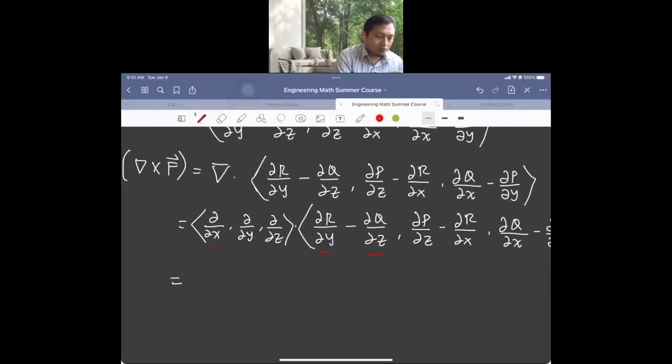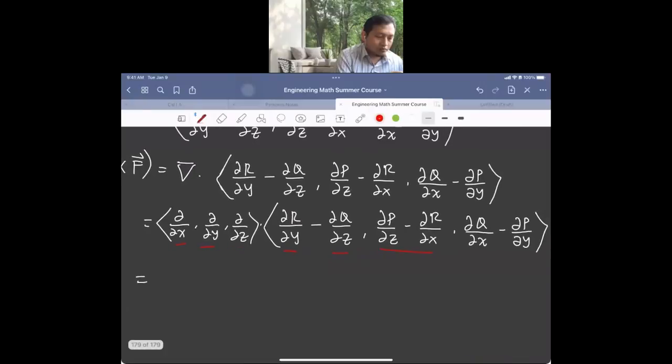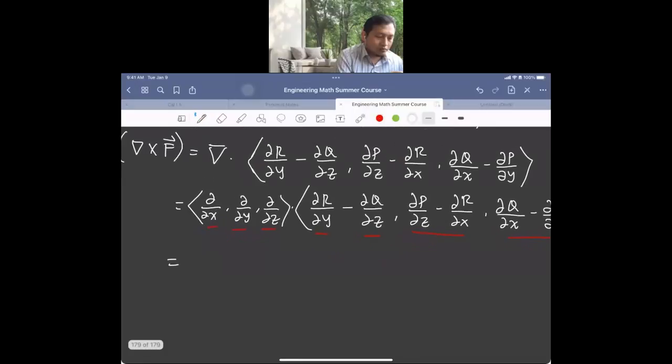The first part is multiplied with dou x, the second part with dou y, and the last part with dou z. So for dou x we have dou x dou y r minus dou x dou z q.